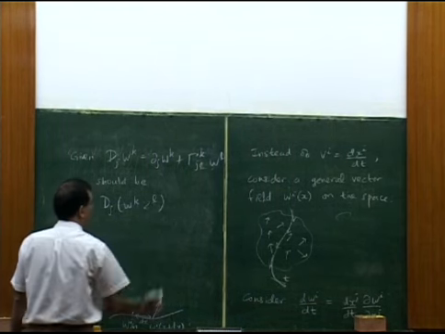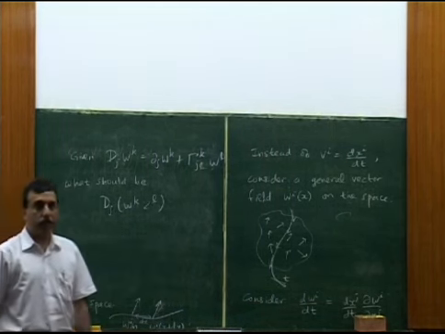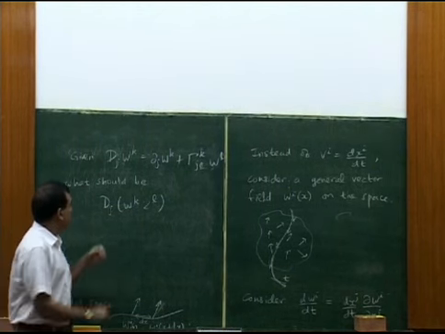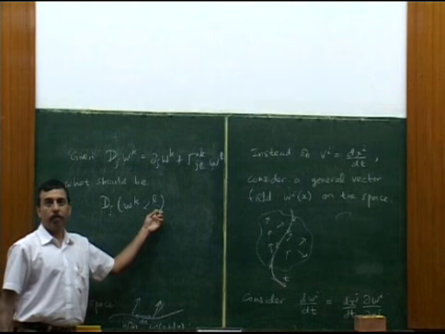Let's assume that wk and z are two different vector fields. What should be the covariant derivative of a product of them?